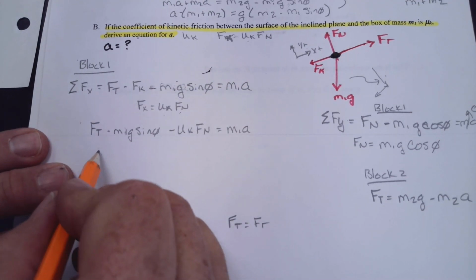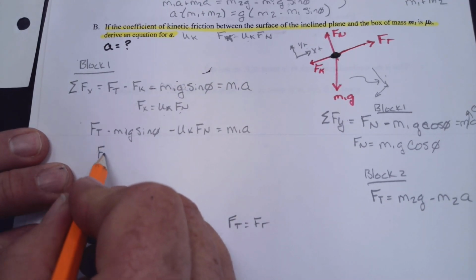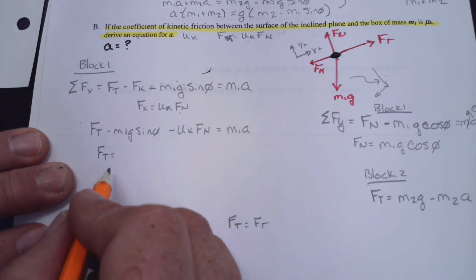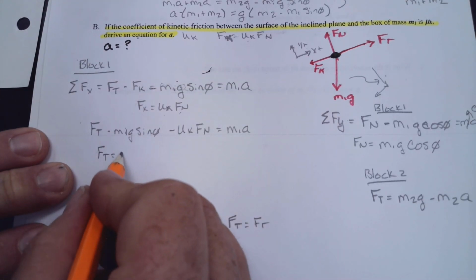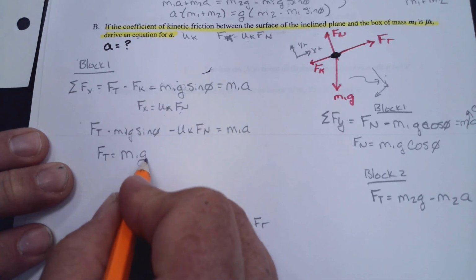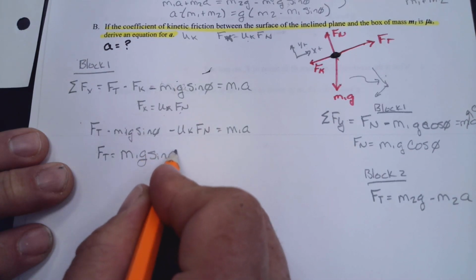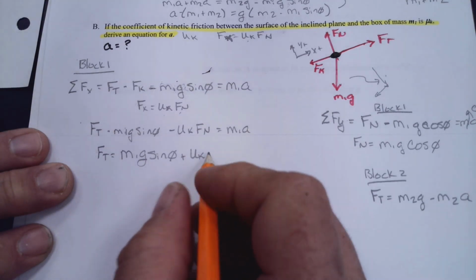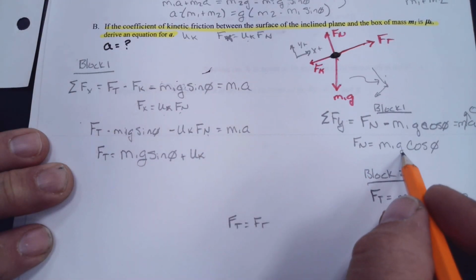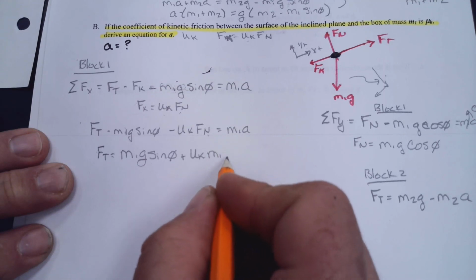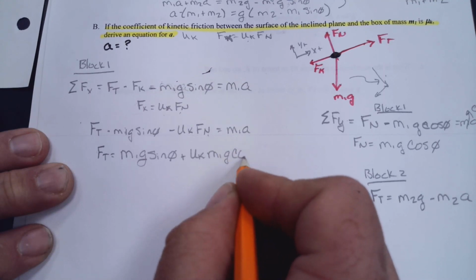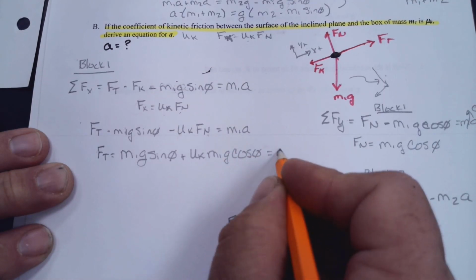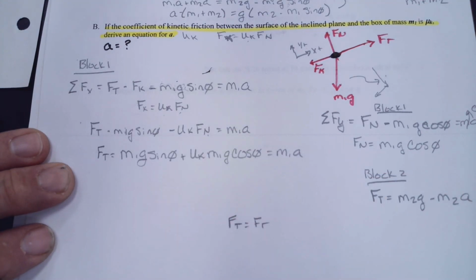I'm going to solve this one for block 1 with my friction now. Solve it for f of t. And f of n is this, so that's mass 1, gravity, the cosine, mass 1 times acceleration.